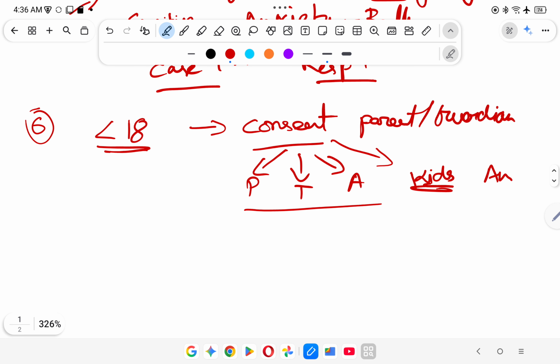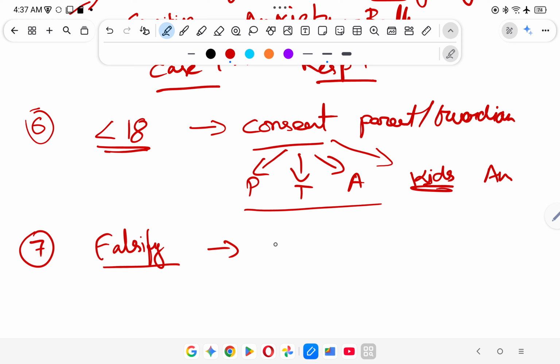Whenever you are collecting data, it's very easy to falsify data. Say for example you have collected only 100 respondents. You can simply copy it and paste the same thing in a random order and say 200 respondents.